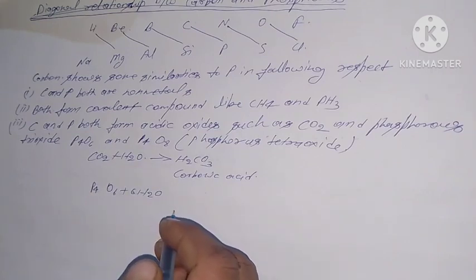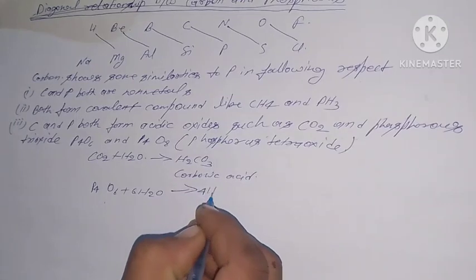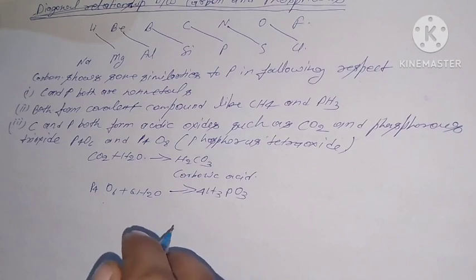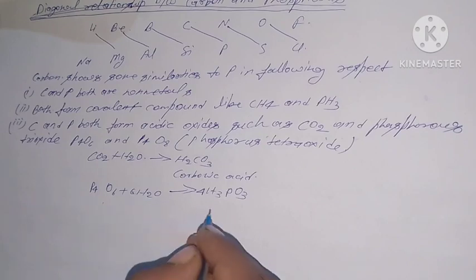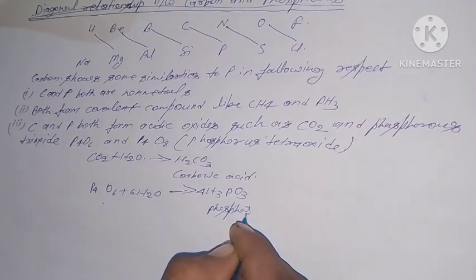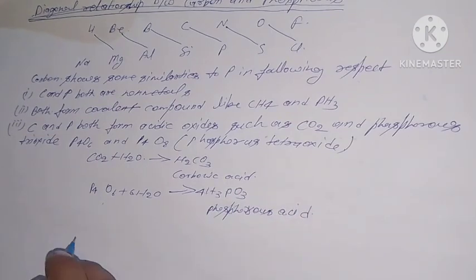Then plus 6H2O gives 4H3PO3. This is phosphorus acid.